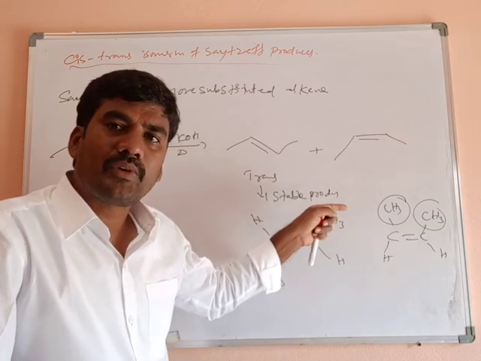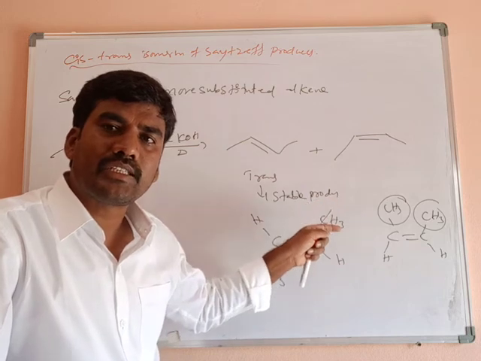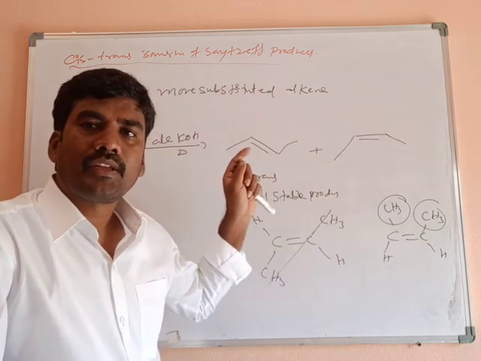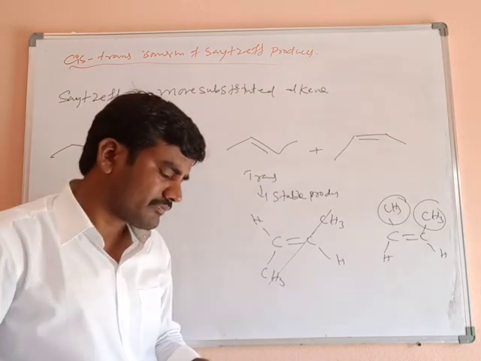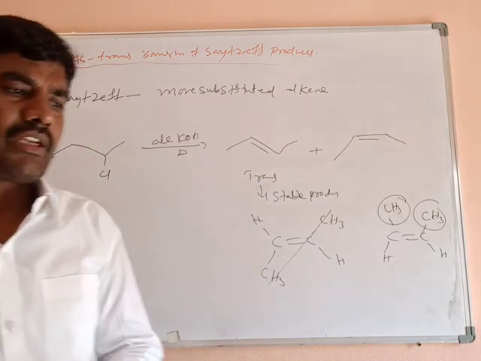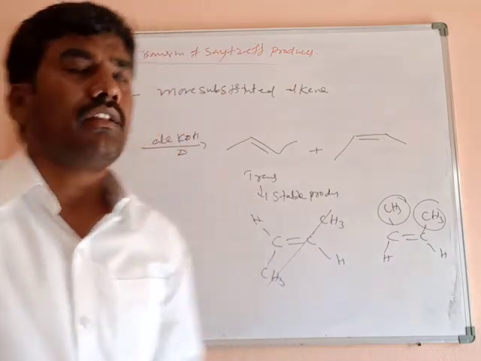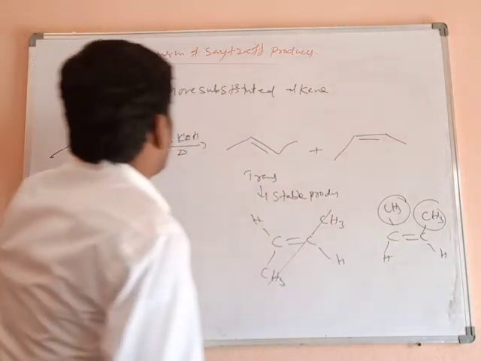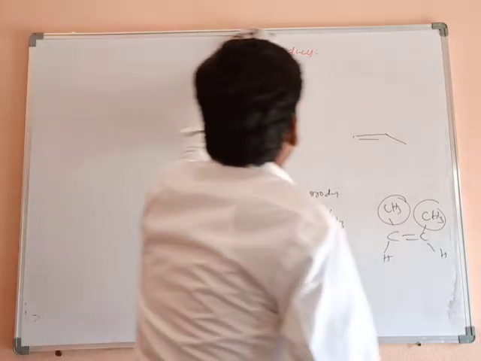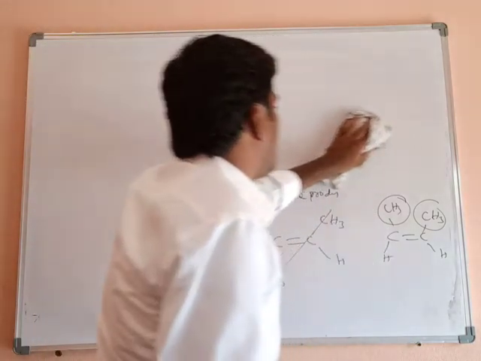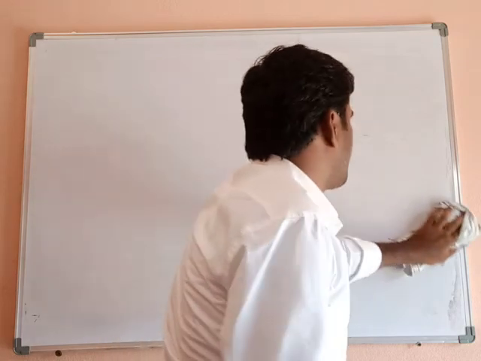So that's why trans alkenes are more stable. According to the Saytzeff rule, the more substituted alkene will be the major product. Clear?